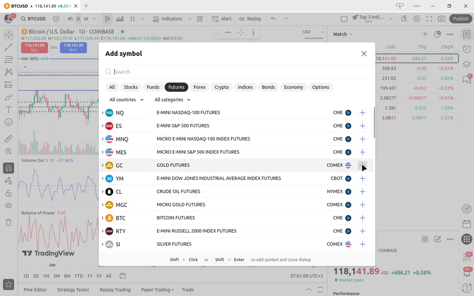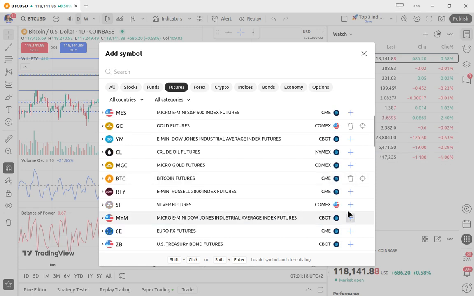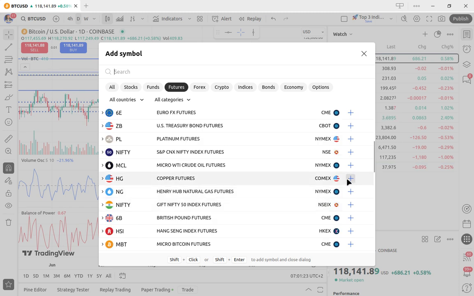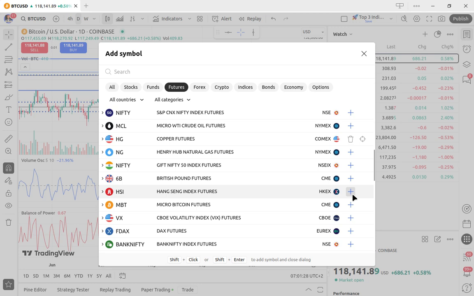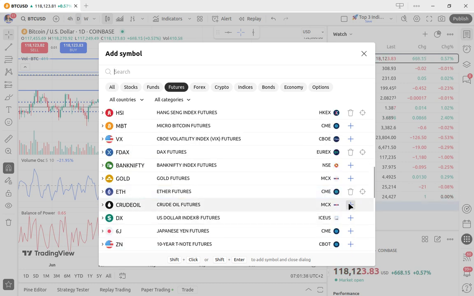I'll look at gold, the Nasdaq, the S&P 500, Bitcoin futures, silver futures, copper futures, Hang Seng futures, which is Hong Kong, DAX futures, which is Germany, Ethereum futures, oil futures, and maybe the dollar index, just for fun.